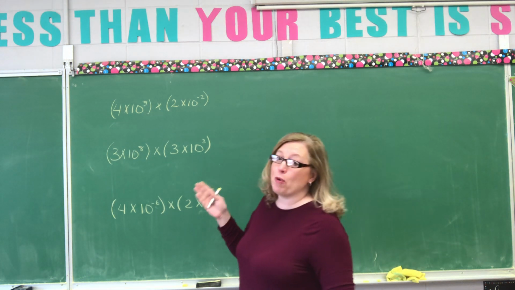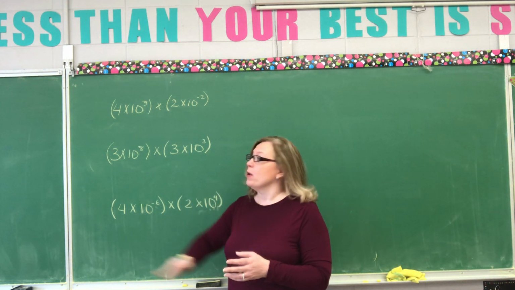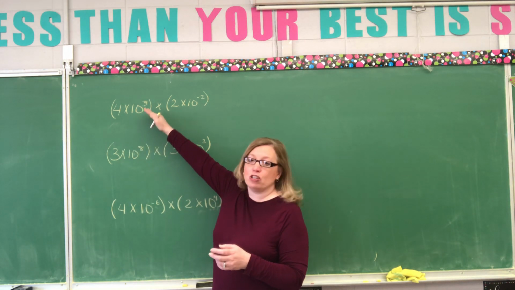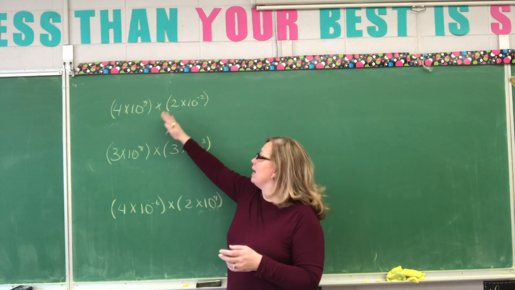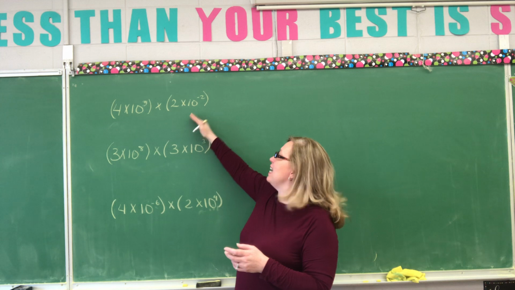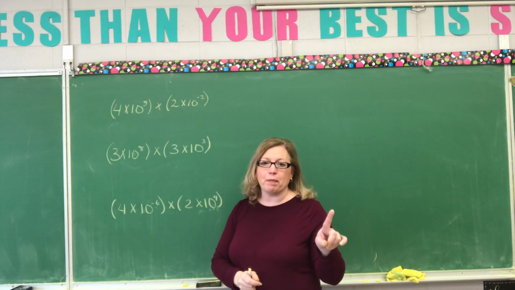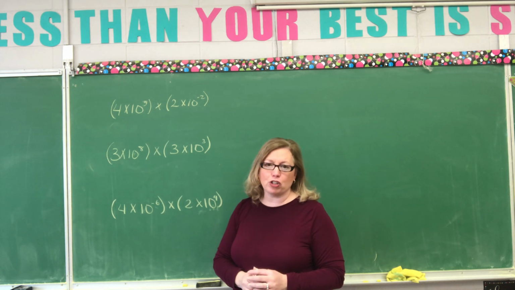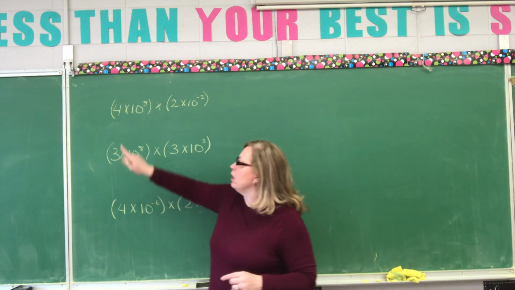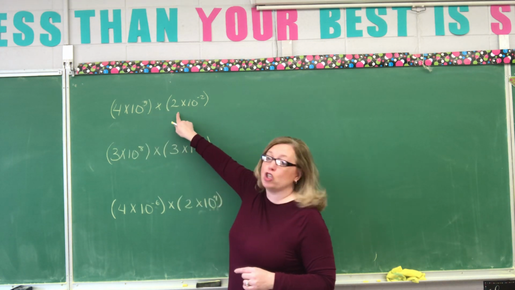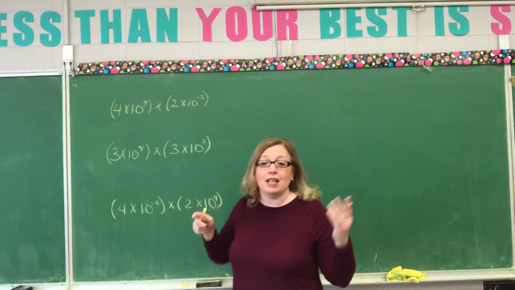We have a simple multiplication problem. We have 4 times 10 to the 5th power times 2 times 10 to the negative 2nd power. It's a couple steps. First step, multiply the first term in your problem. In other words, 4 times 2. 4 times 2 gives us 8.